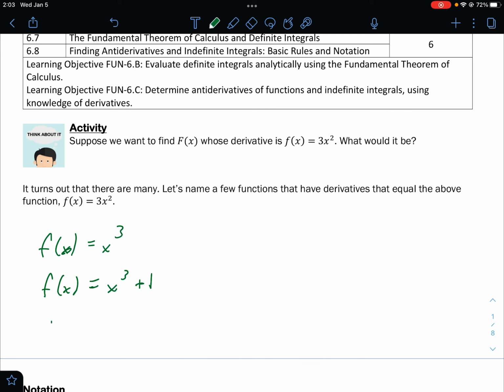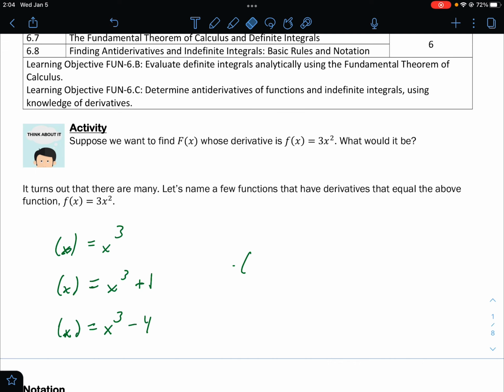So maybe F of x would be x cubed minus 4, because the derivative of negative 4 would be 0. We can go on and on like this, right? But really, sorry, I should be using capital F's for all these.